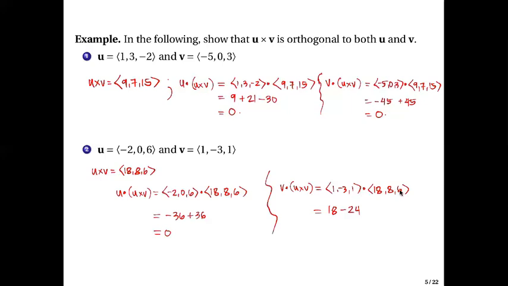And then 1 times 6, that's 6. Yes, 18 plus 6 is 24. So minus 24, that's equal to 0. So we have verified the property in this set of vectors. Basically, one implication is that we did the cross product correctly.